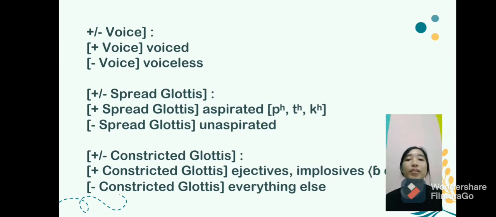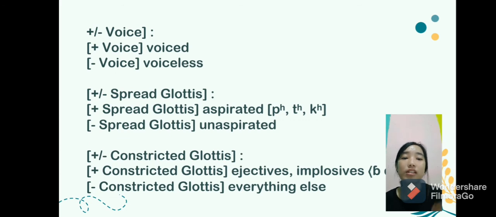So in this laryngeal feature, there are voiced and voiceless consonants. The voiced consonant is plus voice. It can be b, d, m, and v, j, just like that.